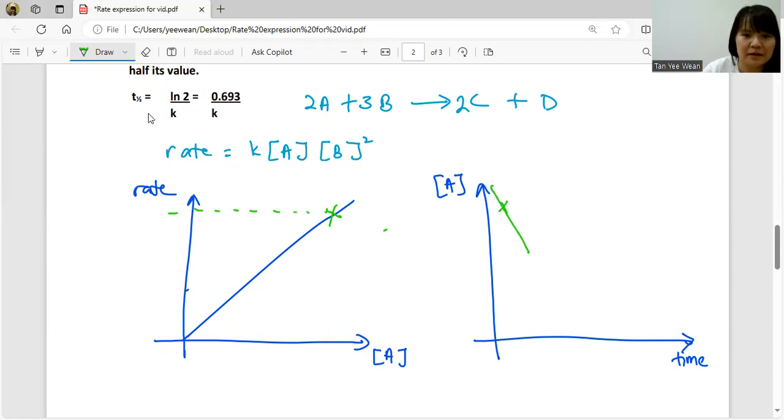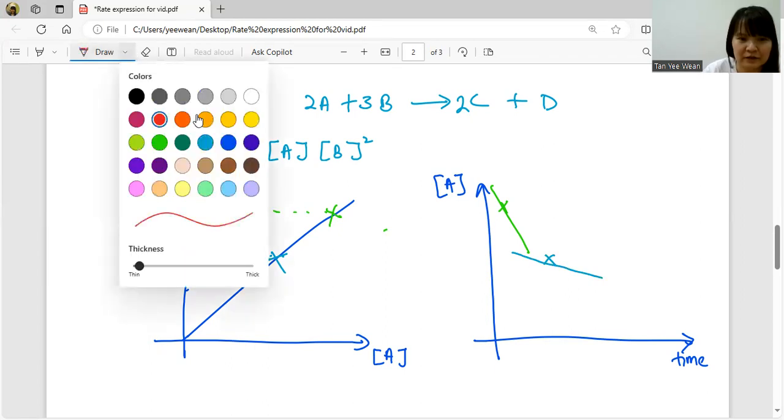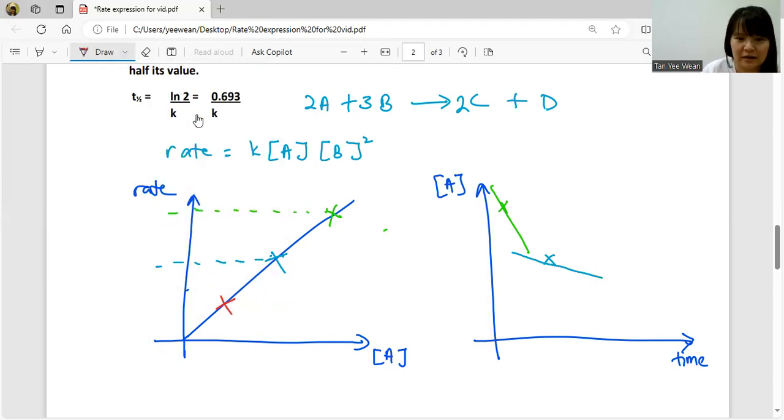At medium concentration of A, my rate is slightly lower, so it must be less steep. And at a much lower concentration of A, the rate is much less, so it must be much less steep.